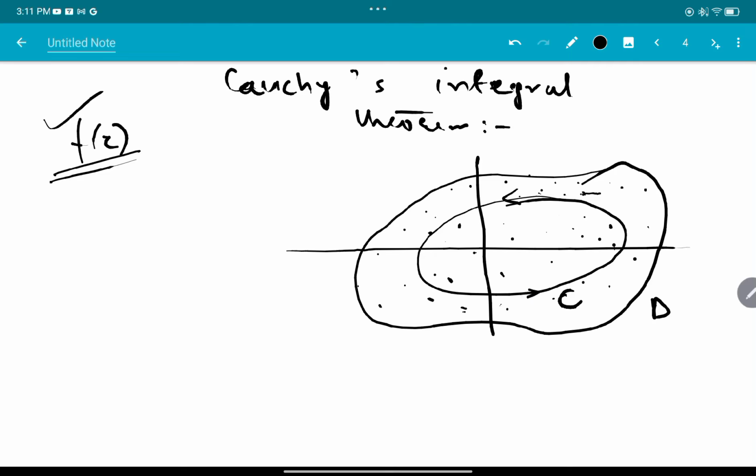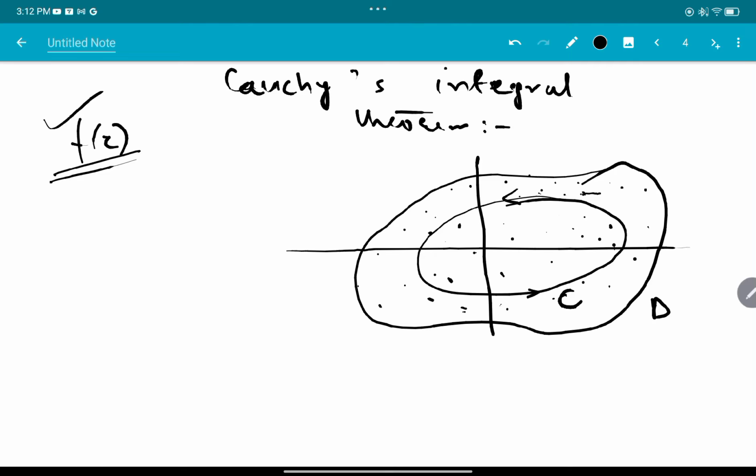All curves, so that there is no confusion about this. And this direction of traverse matters a lot. It can turn this integral from positive to negative. Anyhow, let's go without going into these minor details right at this stage. We will understand every bit of it, slowly and gradually.